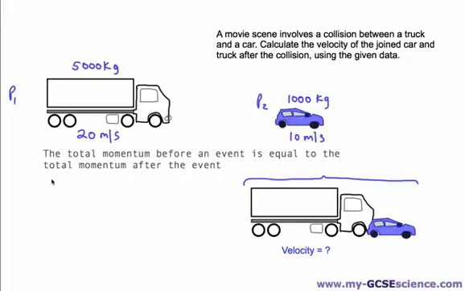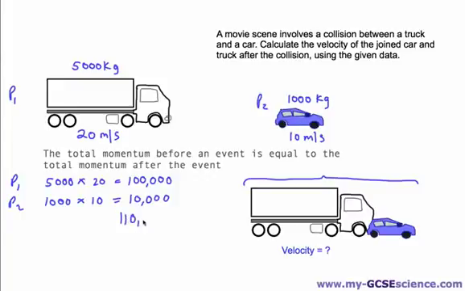So for the truck, it's 5,000 times 20 equals 100,000, and for the car it's 1,000 times 10 equals 10,000, and the total momentum would simply be a case of adding those two together. So we have 110,000 kg m/s.